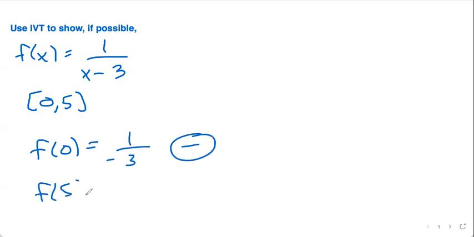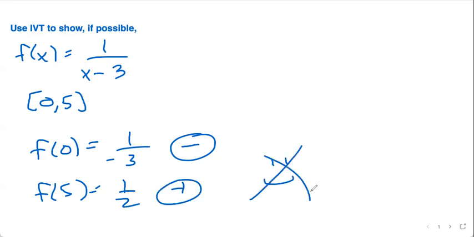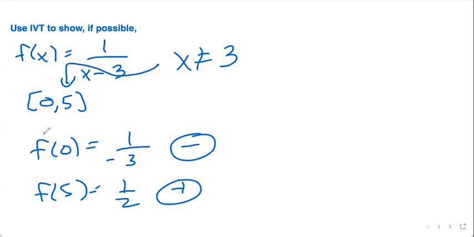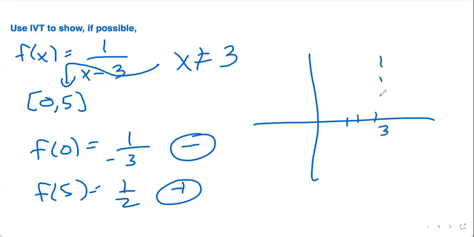And f of 5 gives you 1 over 2, which is positive. And no, because this graph is discontinuous at x equals 3, and that's inside of 0 to 5. So whatever this graph looks like, we have a vertical asymptote. So even though it went from a negative to a positive, it is not guaranteed to cross in that case.